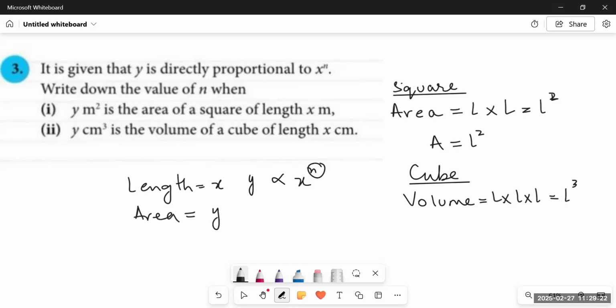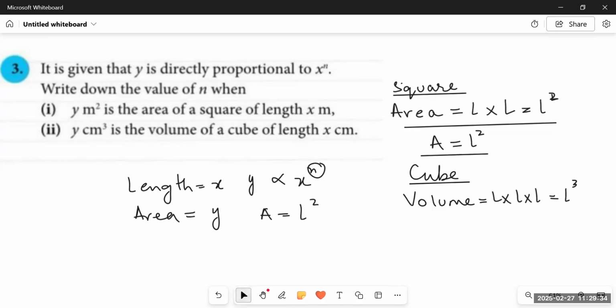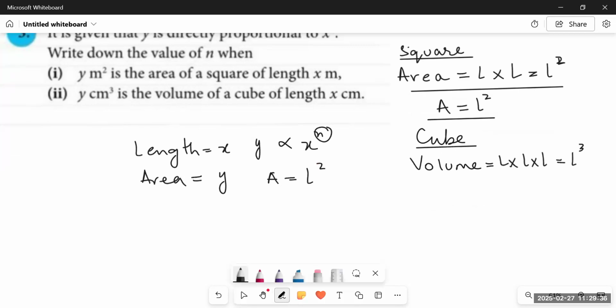So we have already written it over here, or you can say A is equal to L square. Where A is the area, we can substitute it with y, because they're saying area is equal to length square.